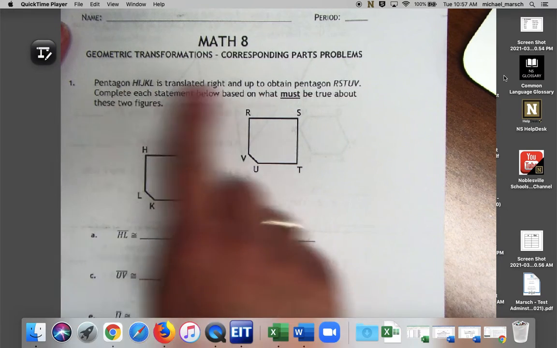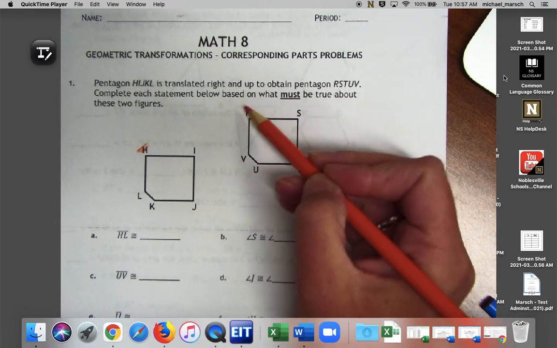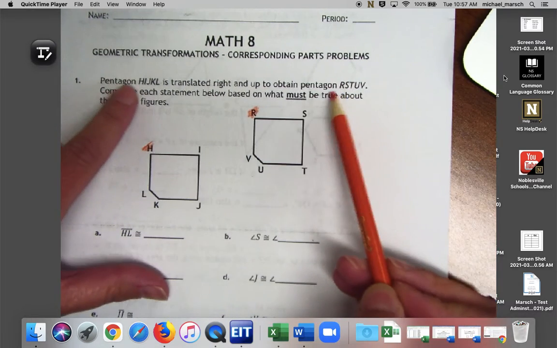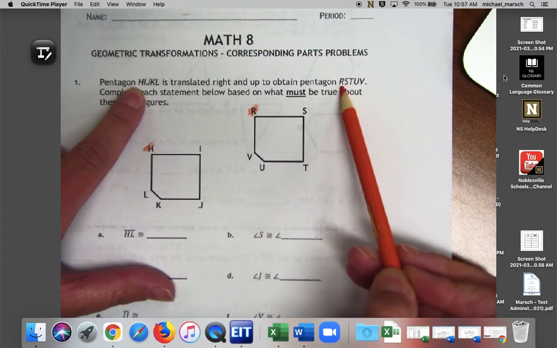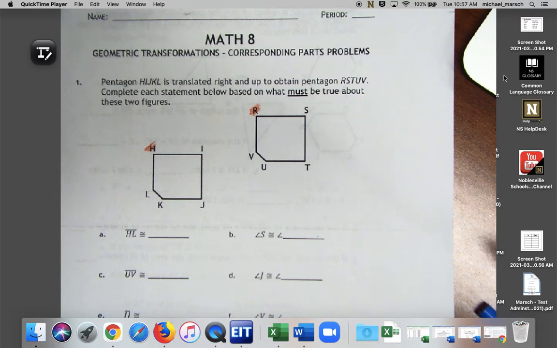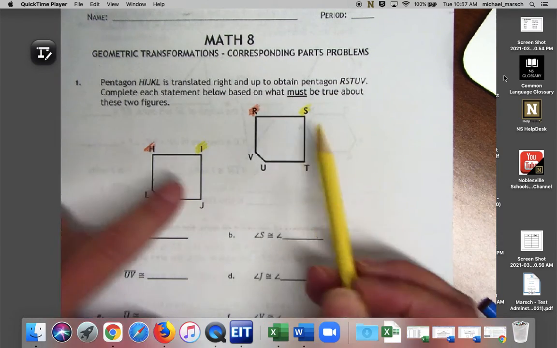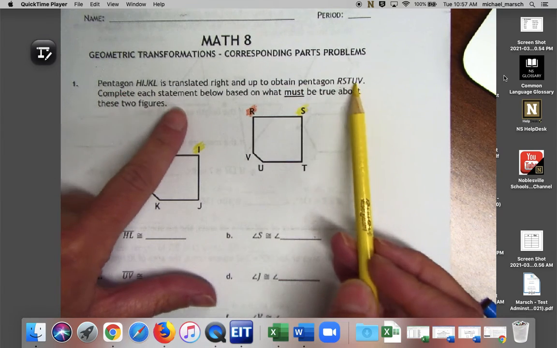The H corresponds to the R. So we're going to color H and R the same color because they are in the same place when they are listed, so they correspond. I corresponds to S because, again, they're in the same order.